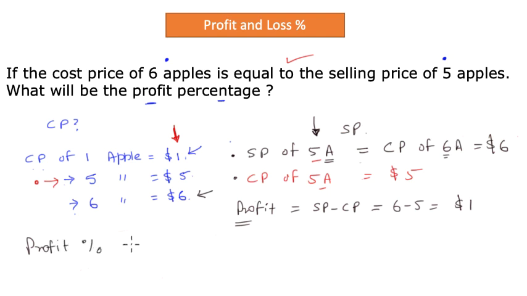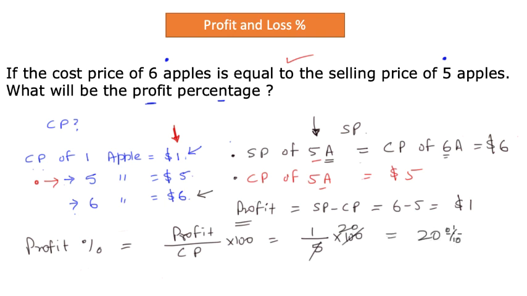The profit percentage will be profit over cost price times 100, which is 1 over 5 times 100. The 5 cancels, it becomes 20, so this becomes 20%. Hence, our profit in this deal will be 20%.